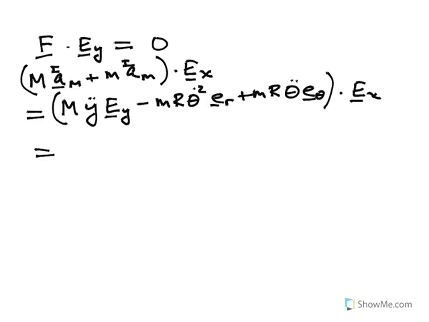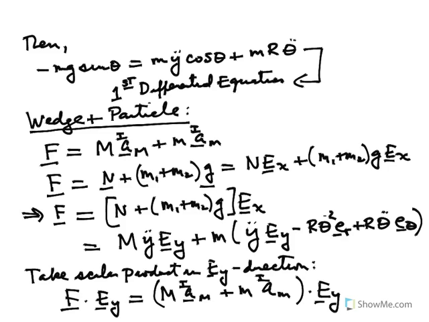So actually there's a term missing in here. Sorry, let's put that in here. This is equal to M plus little m times y double dot ey, where I forgot to include the little mass of the particle.